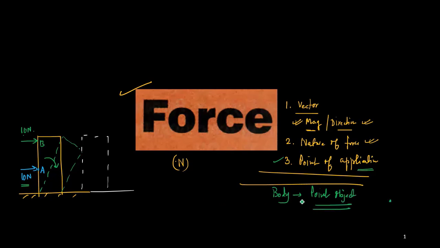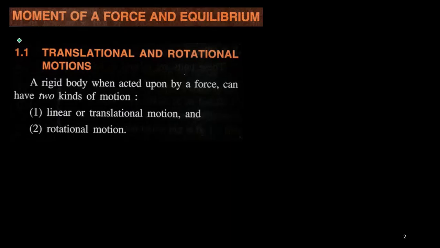If this is the point on which I am applying a force, I cannot say that I am applying force at point A or at point B. Since a point has no dimension, the point of application is not so important right now, but later on we will understand that it plays a crucial role for the force.